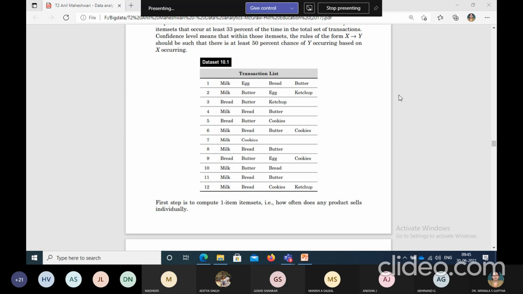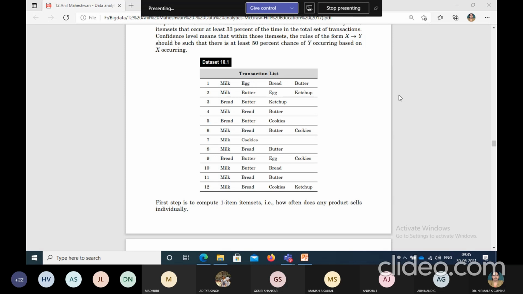So the rule is framed as x gives y. When I say x gives y, what does it mean? Such that there is at least a 50% chance, because the confidence is 50%, of y occurring based on x occurring.